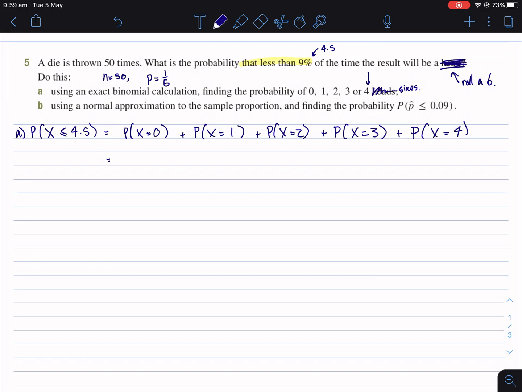Anyway, we've got 50C0 times 1/6 to the 0 times 5/6 to the 50. We've got 50C1 times 1/6 to the 1 times 5/6 to the 49. We've got 50C2 times 1/6 to the 2 times 5/6 to the 48.